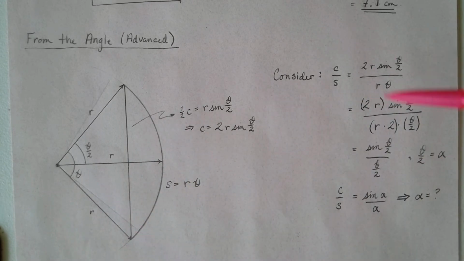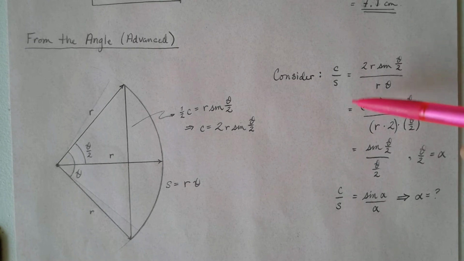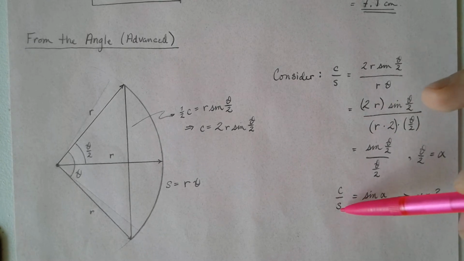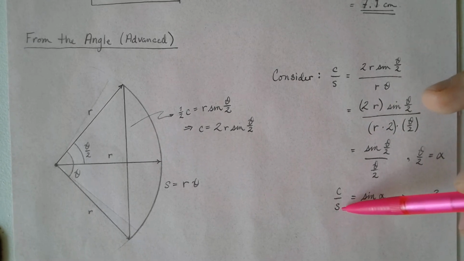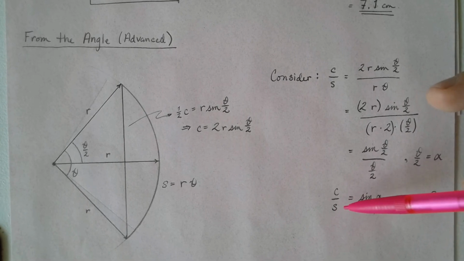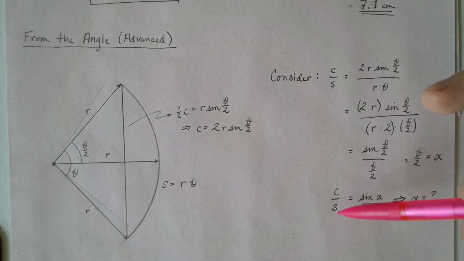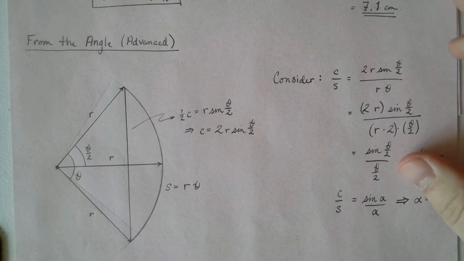And then from theta we can figure out what the radius of curvature is based on the arc of the angle itself.